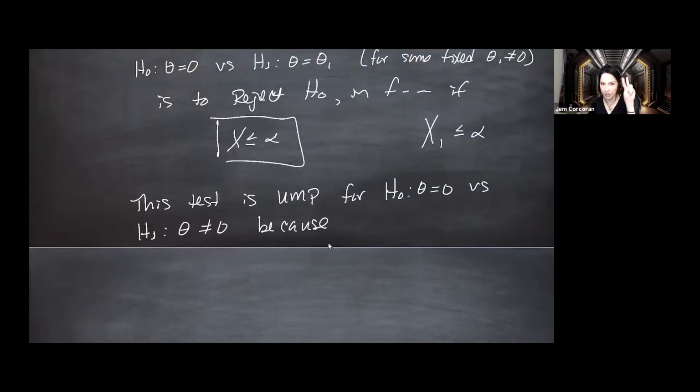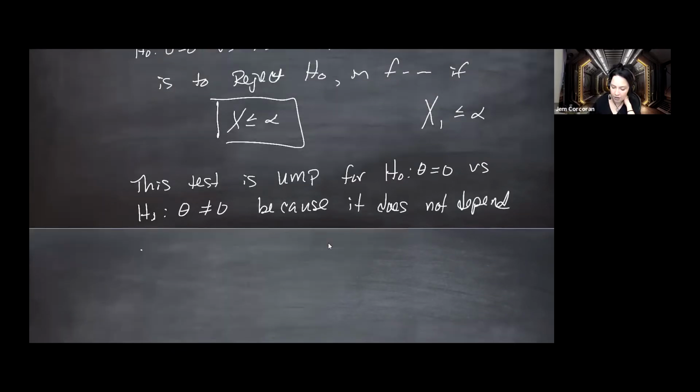And there's two things to look at when drawing that conclusion, but let me just finish writing that. It does not depend on the particular theta 1 chosen to perform the simple versus simple test above. And so not depending on that, you have to look for dependence in two ways.